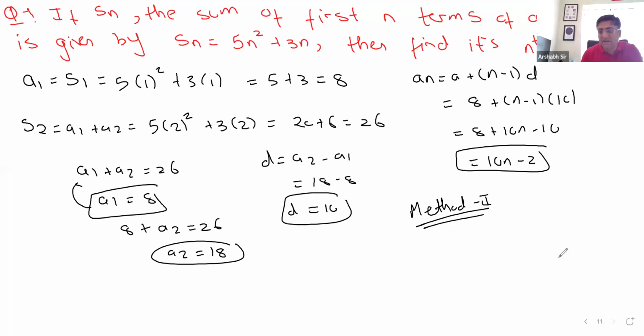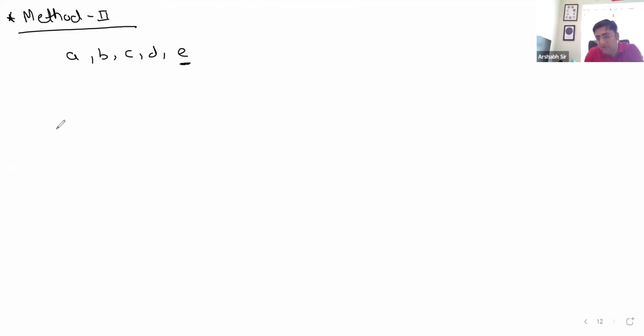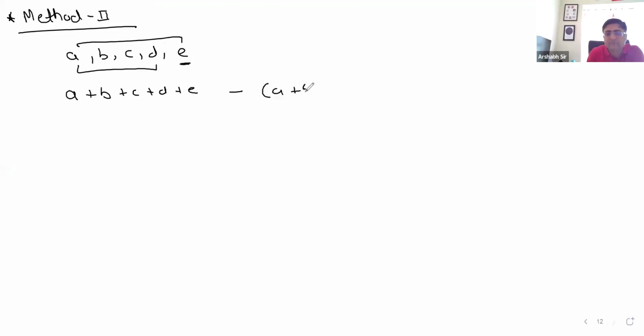Now look beta, there is another way of doing this. Method number 2. Look, suppose we have 5 numbers, let's say A B C D E. If I have to find the value of E, what can I say? A plus B plus C plus D plus E, the sum of first 5 numbers minus the sum of first 4 numbers. Do you all agree? So based on this concept we can say the nth term of an AP is the sum of first n numbers minus the sum of the numbers preceding it. I have done this thing here.